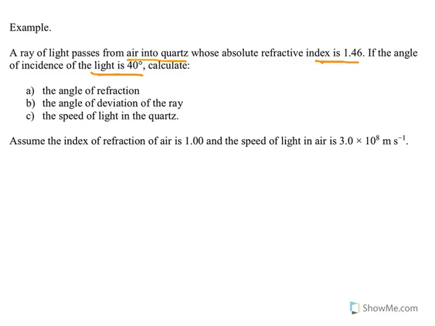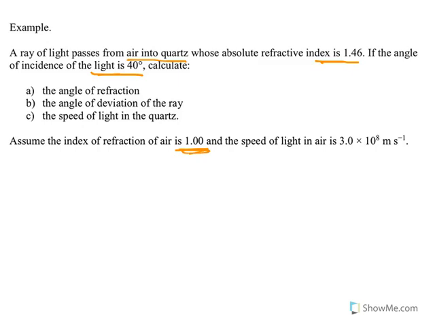Air, we always assume, has a refractive index of 1. It's not completely, totally correct, but you've got to go to quite a few decimal places before it matters, and we're only working to 2 decimal places, 1.00.